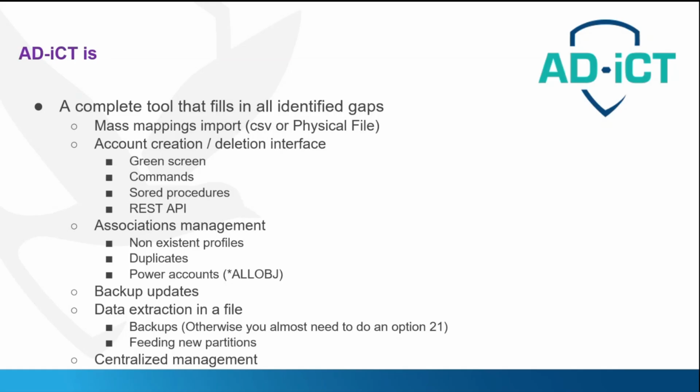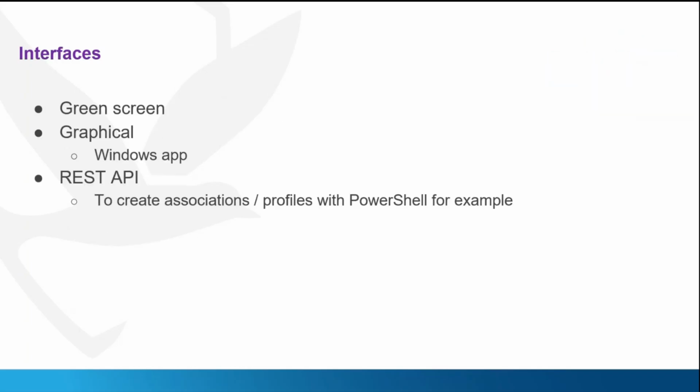I will show you everything from there. As I mentioned, we have three main types of usage for it. We can use the green screen, so the 5250 console. We have the Windows app, and we have APIs. I will show you it as well. You can do pretty much everything for single sign-on with those APIs.